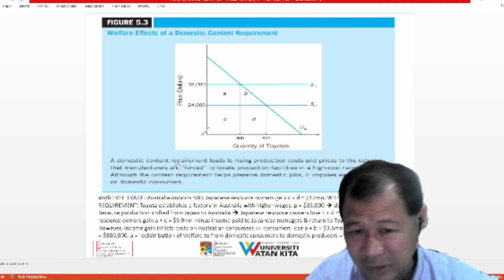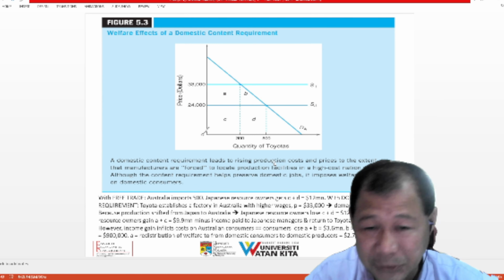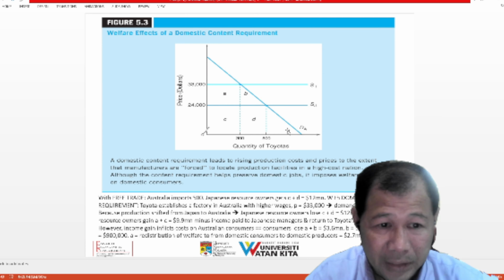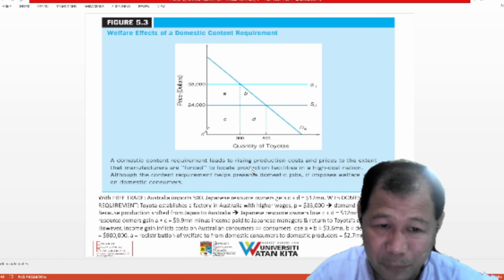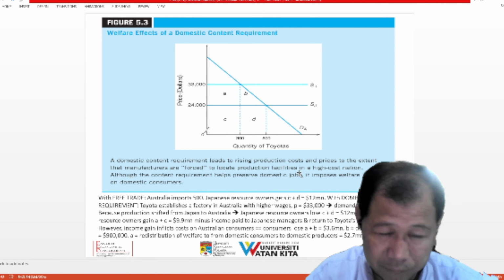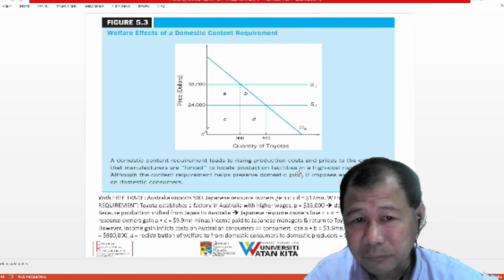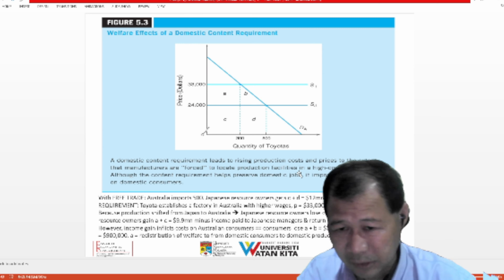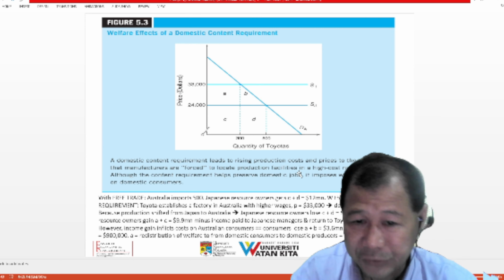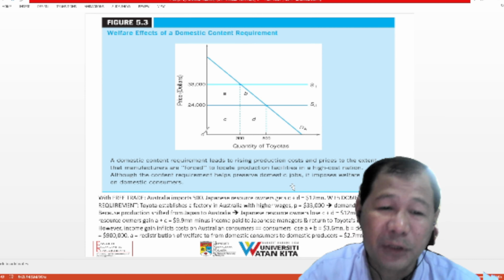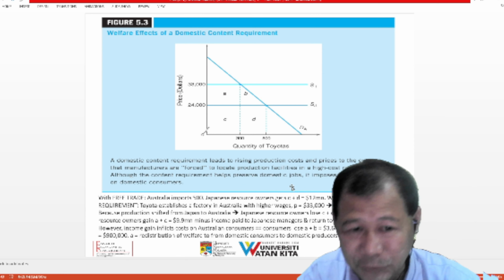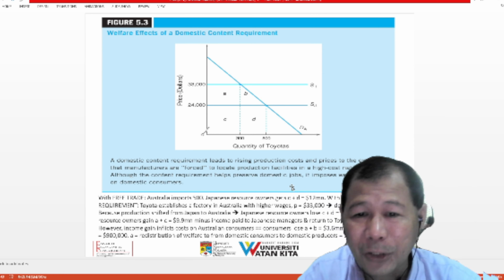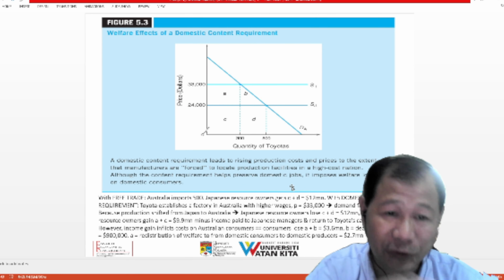So a domestic content requirement leads to rising production cost and prices, to the extent that manufacturers are forced to locate production facilities in a high-cost nation, from Japan to Australia. Although the content requirement helps preserve domestic jobs in Australia, it imposes welfare losses on domestic consumers in Australia.